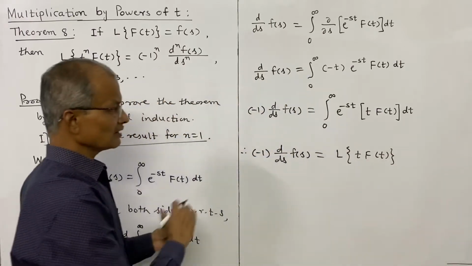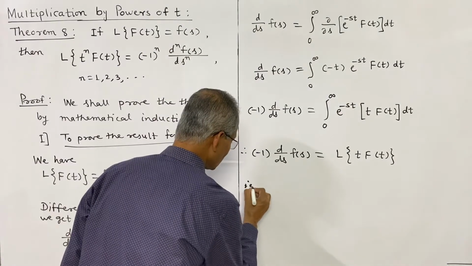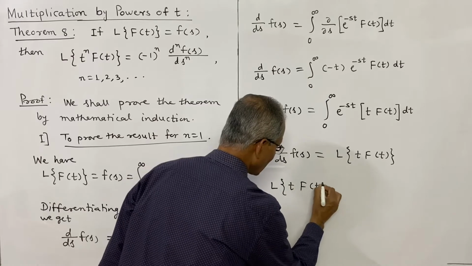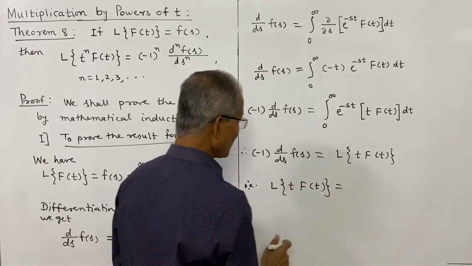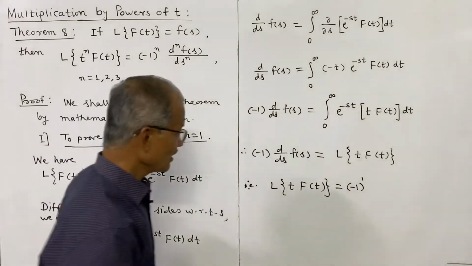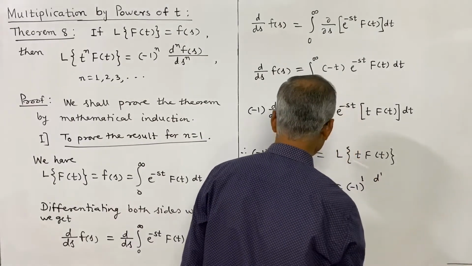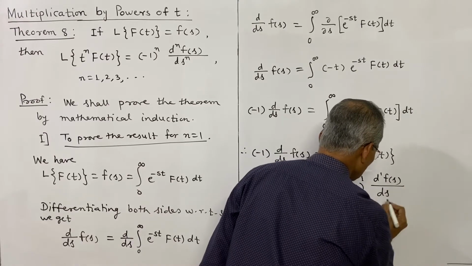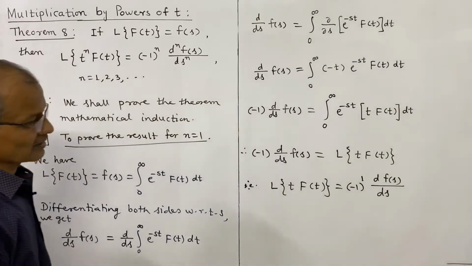Or we can interchange the sides, which is L of t into f of t is equal to minus 1 power 1, and this is the first derivative, d1 F(s) by ds, though there is no need to write 1 here, so d by ds of F(s).